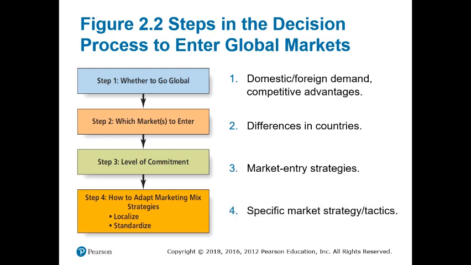And number four, what are the specific marketing mix strategies and tactics in terms of product, place, distribution, promotion, the four P's of marketing, what specific strategies you plan to launch in those markets.